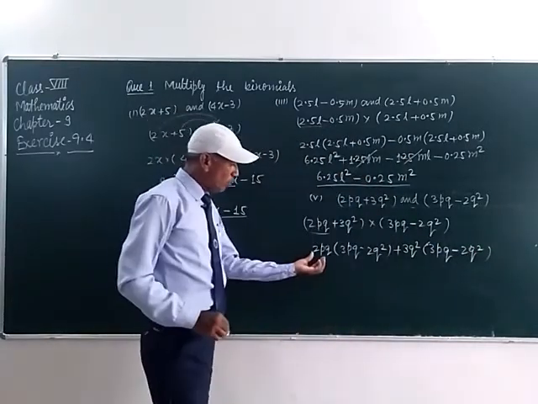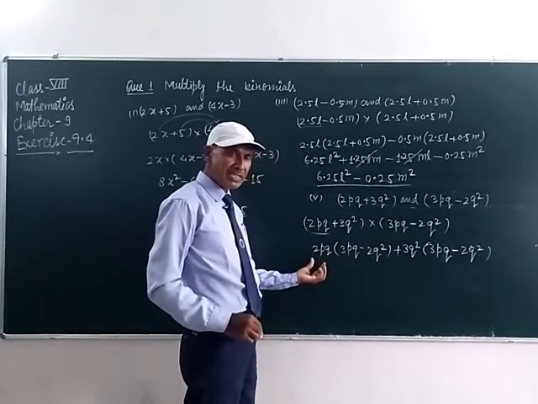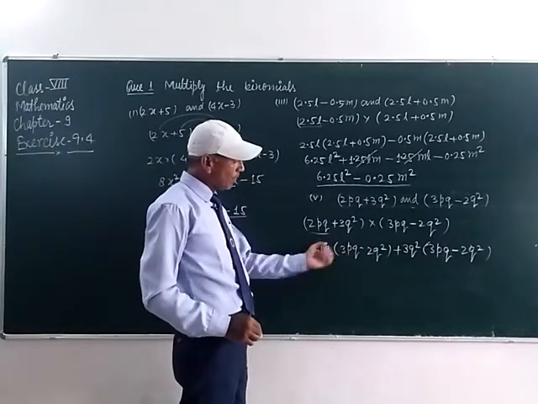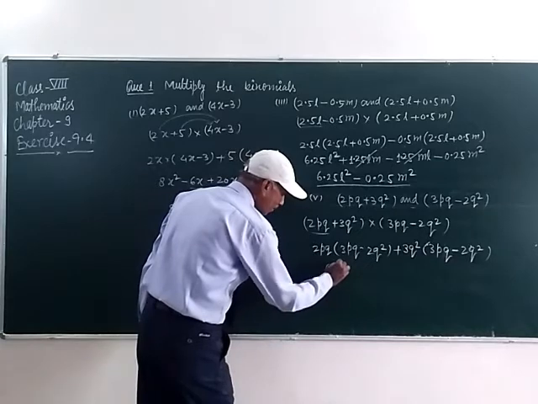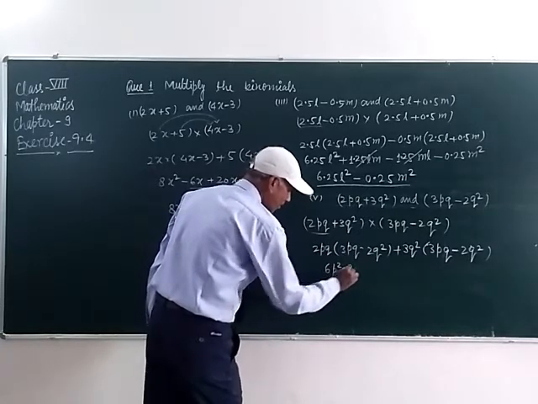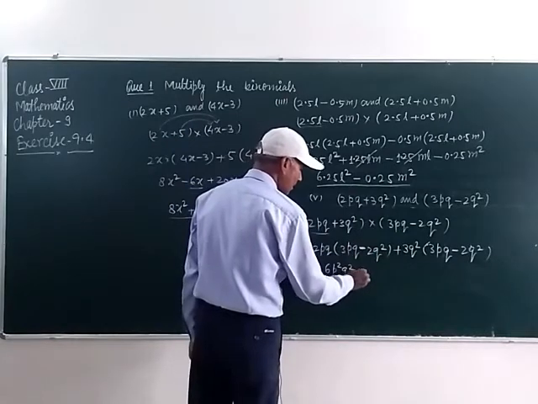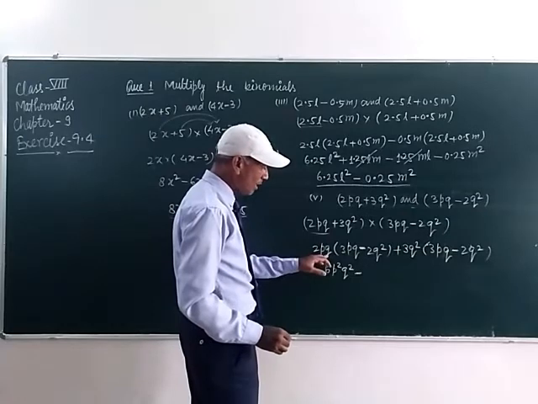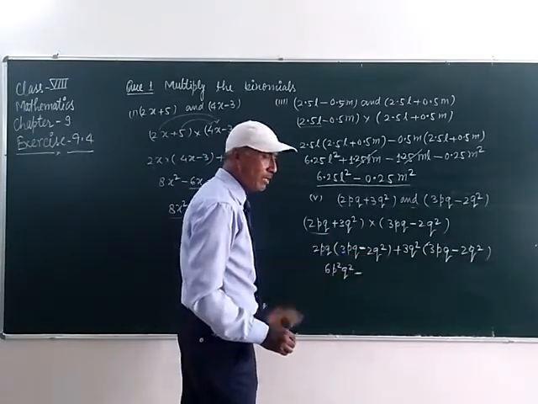Now 2pq into 3pq, 2 3s are 6, p into p, p square, and q into q, that will be q square. So it will be 6p square q square, and this one minus 2 2s are 4, p and q square, this one q to the power 3.